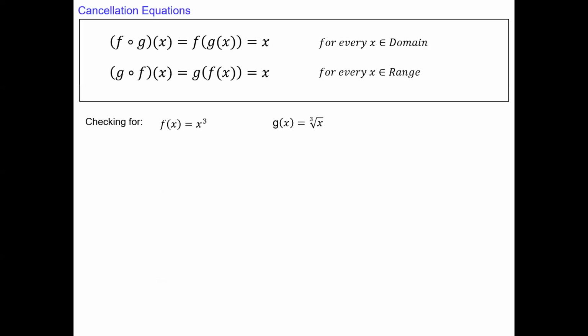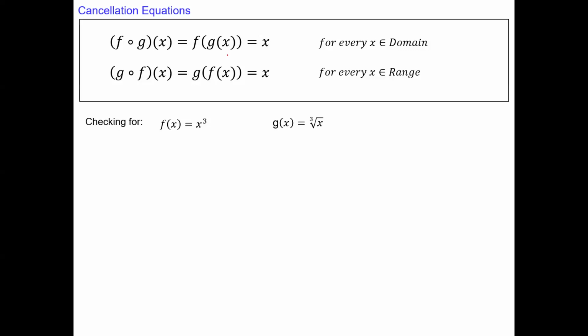One thing, let's look at this. If we definitely have a function, for instance x cubed, and its inverse, the cube root of x, and we make a composition of the two, the function and its inverse, combining them this way, we will always end up with x.